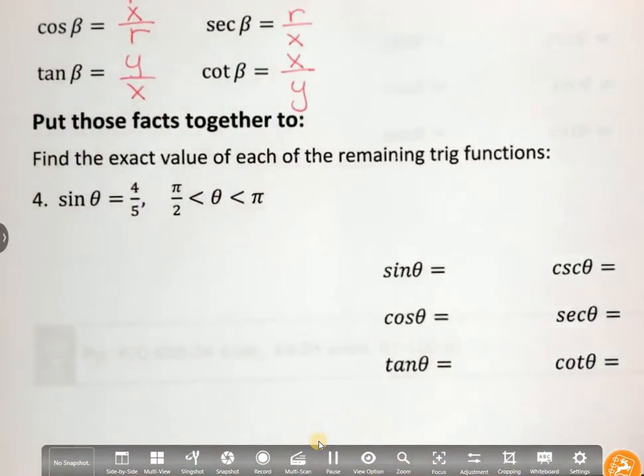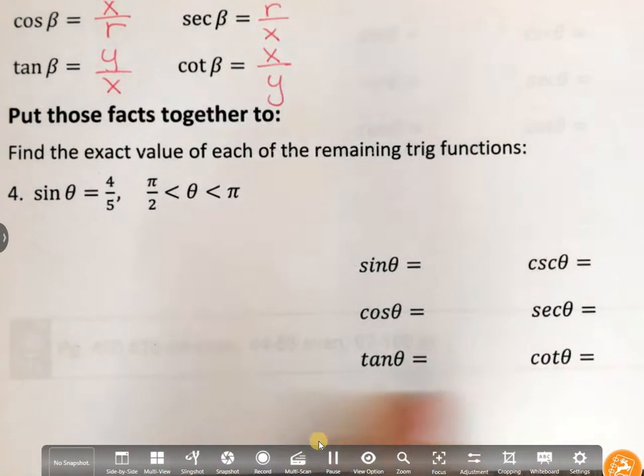Go ahead and write down what I've given you here for number 4. These problems work exactly backwards from what you did last time.